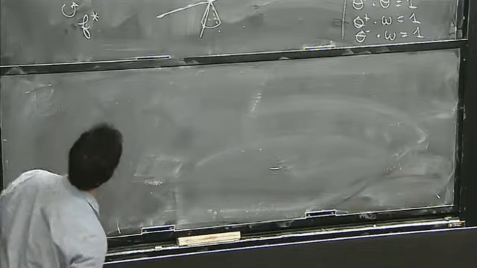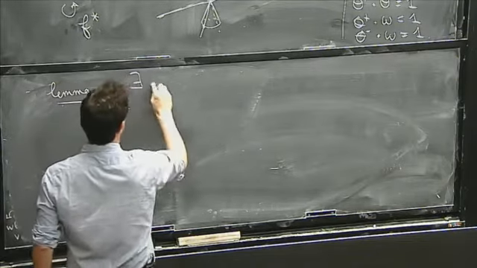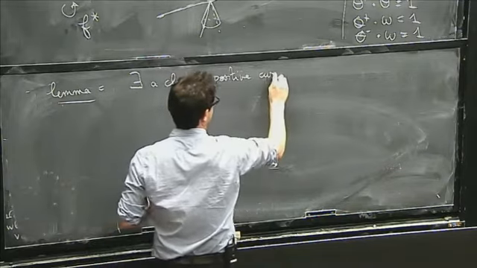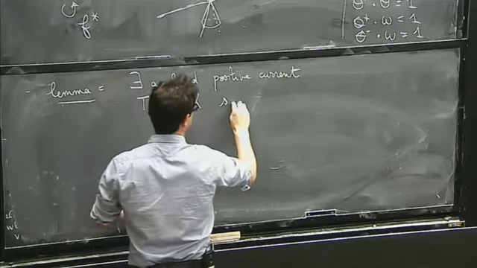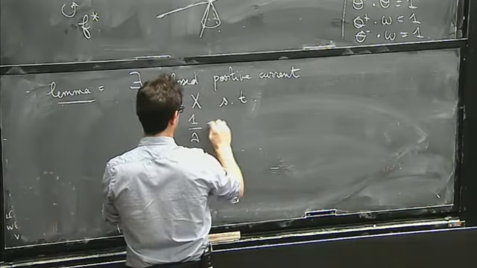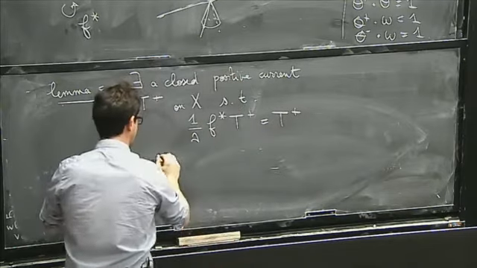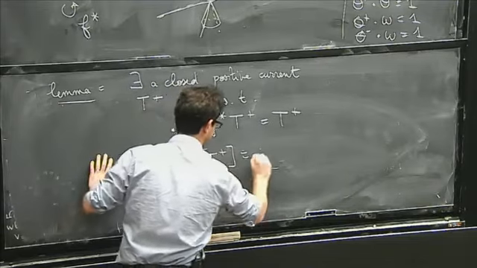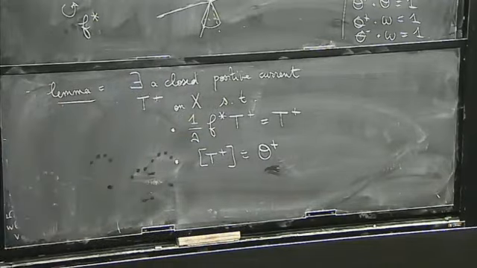Okay, so the lemma is: there exists a closed positive current T plus on X such that, let's say, 1 over lambda F star T plus is T plus, and in particular the cohomology class of T plus is equal to theta plus. Okay, I just have to multiply T plus by a scalar.